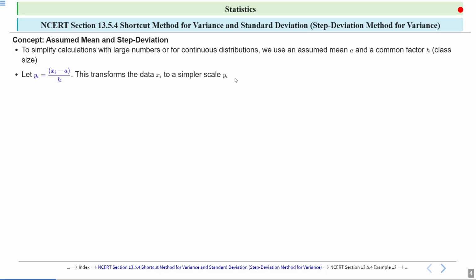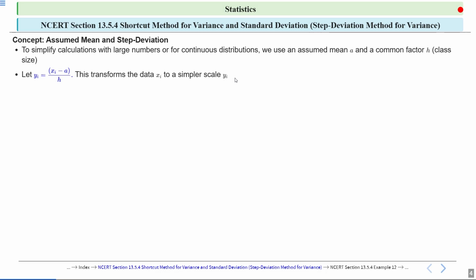So next, we transform our data using the formula yi equal to xi minus a, divided by h. Here h is the class size, a is our assumed mean, and xi is the original data value.